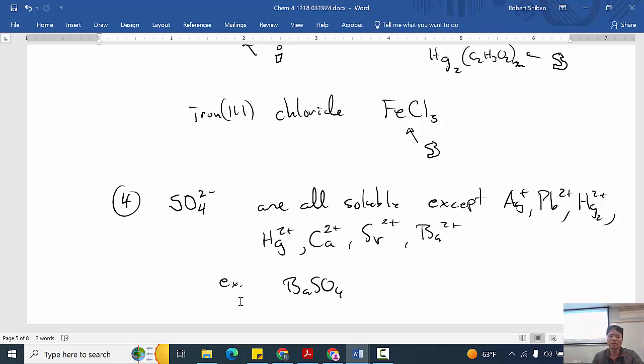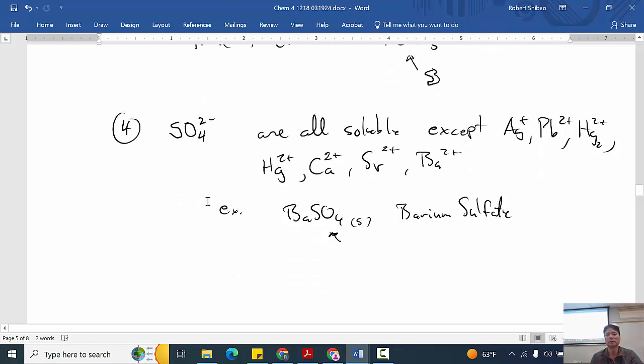What do you name this? BaSO4. Barium sulfate. Is it soluble or insoluble? Insoluble.